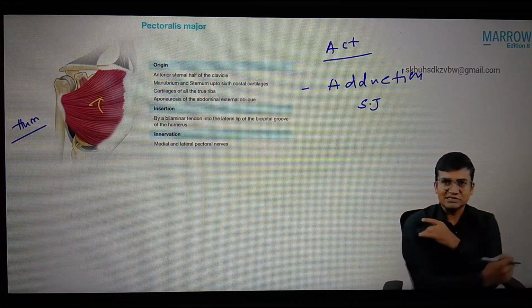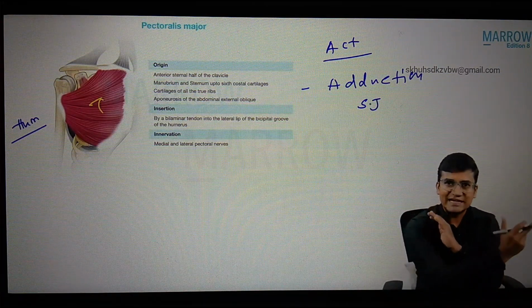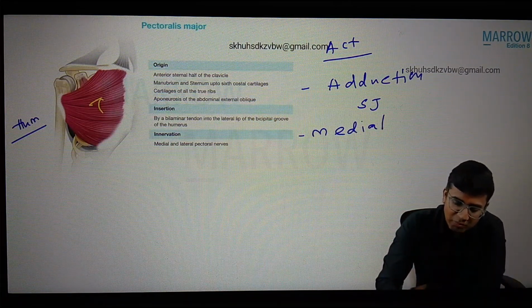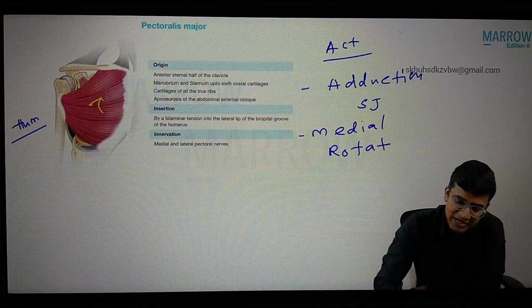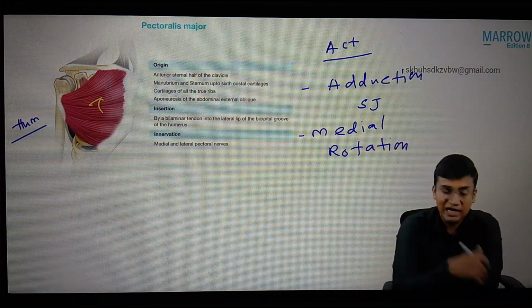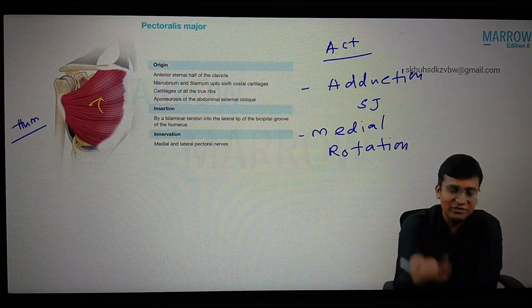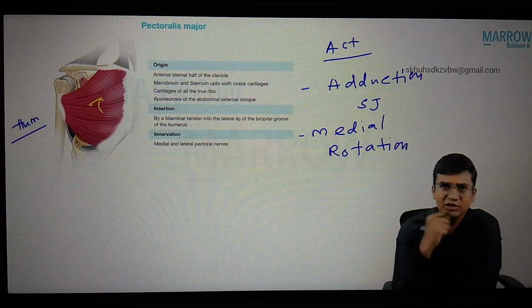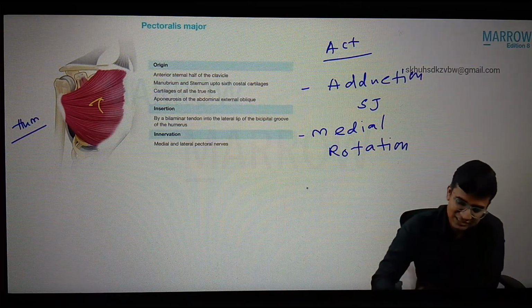Now, while doing adduction, the humerus bone also rotates internally, so this muscle also does medial rotation. Again, this muscle takes origin from the trunk on the front side. Any muscle crossing the joint on the front side does flexion.